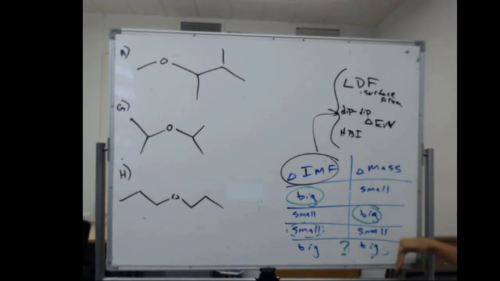So you'll notice the first thing I did was say, okay, how big are the mass differences? And then I went into the IMFs, starting with the strongest first and then going down to the weakest. After you do that for AGH, you can do the same thing for BDI and CEF, and keep going through that logical process.